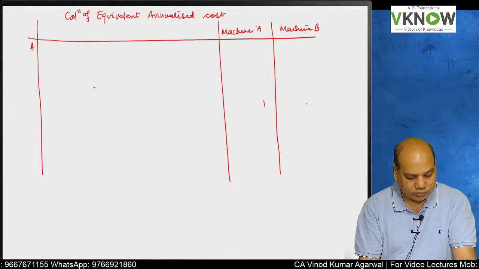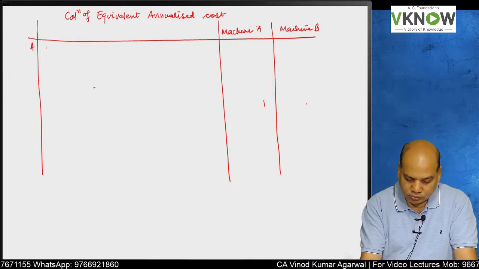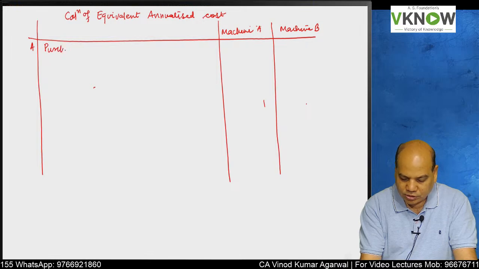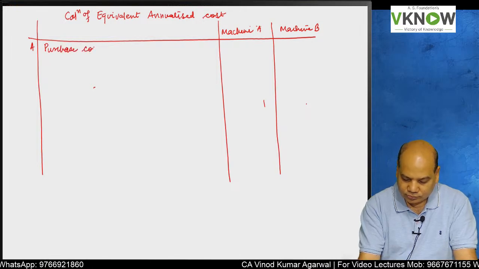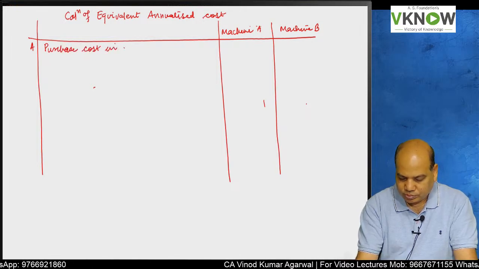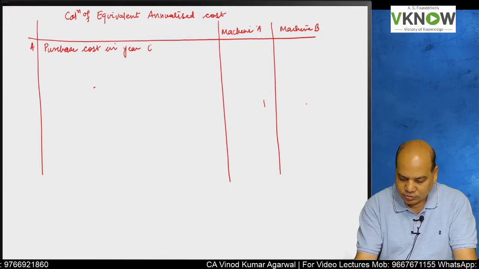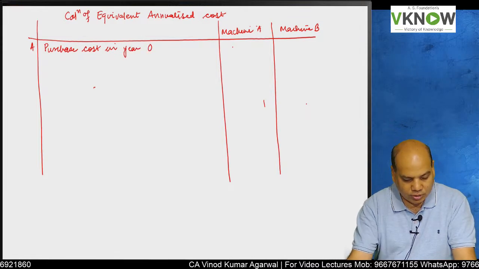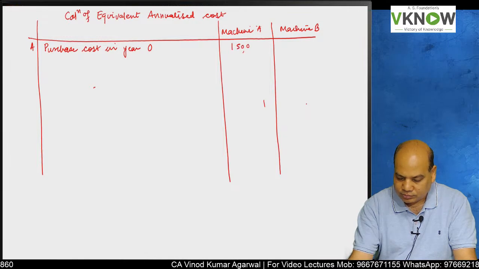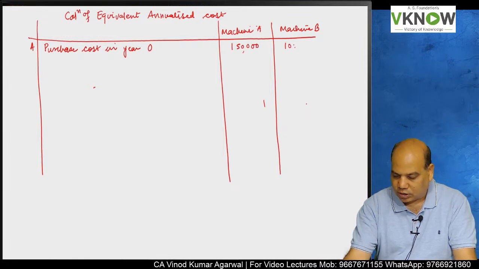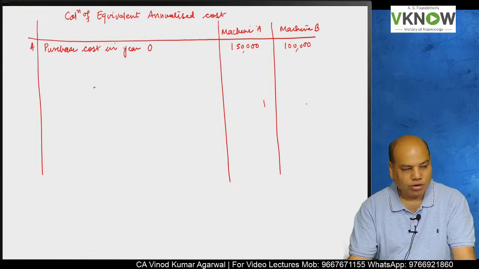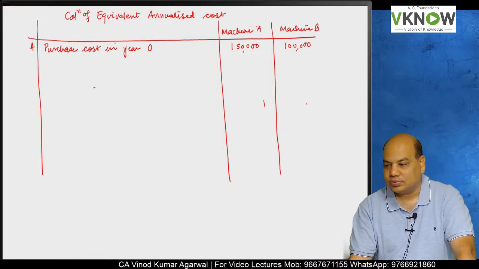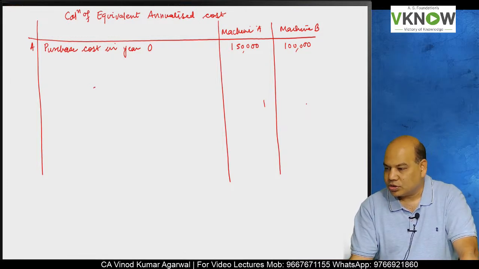First, point A: what is purchase cost in year 0? Purchase cost in year 0 is 1,50,000 and 1 lakh. In this question, our objective is cost minimization.